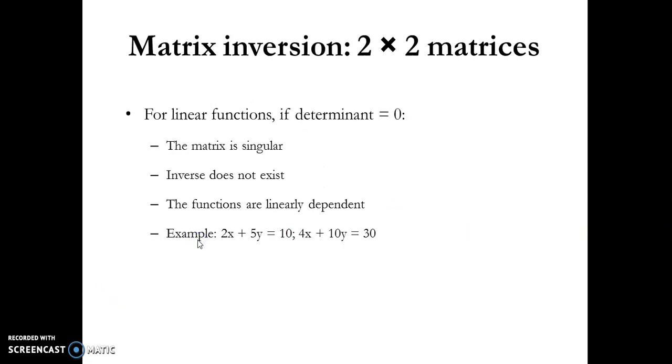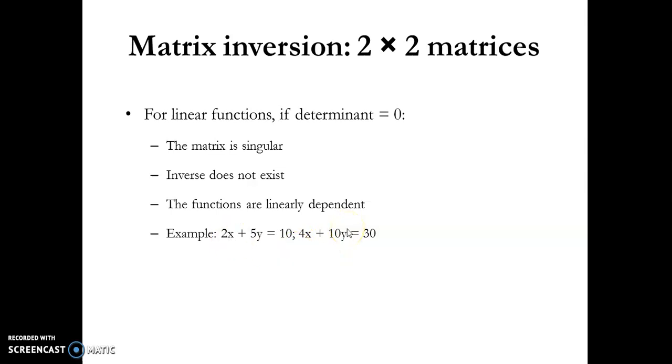Here we have an example. If the determinant of matrix A was equal to 0, we would say, number one, that the matrix is singular and the inverse does not exist. But very importantly, here we can see that the functions are linearly dependent. You can see that these are the square of those two coefficients. So there's linear dependence between these two.